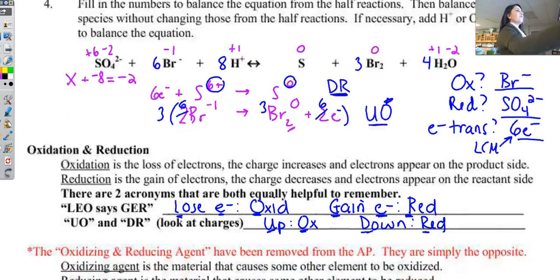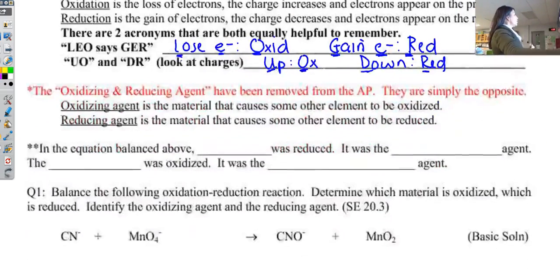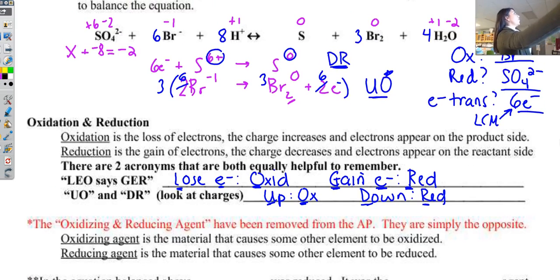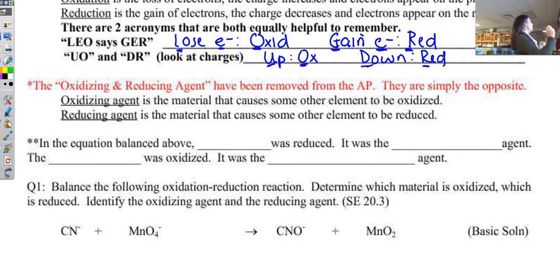All right, so if we fill in the blanks down here, we've got an equation balanced above. Which one was reduced? Well, we said that the one that was reduced was the sulfur, was the SO4 2 minus. So let's get our SO4 2 minus sulfate ion. Well, if it was reduced, that means it was actually the oxidizing agent.